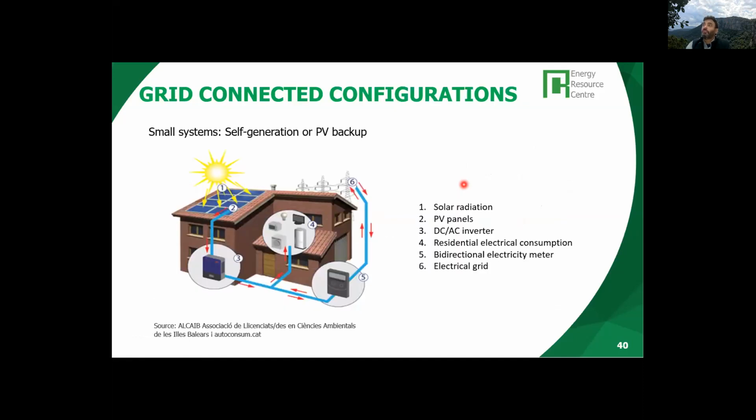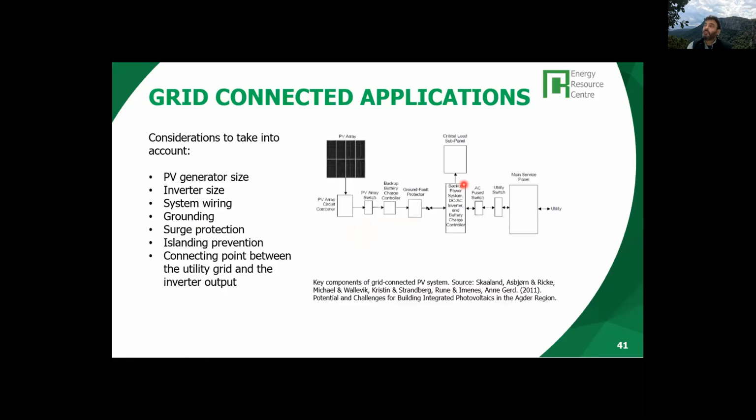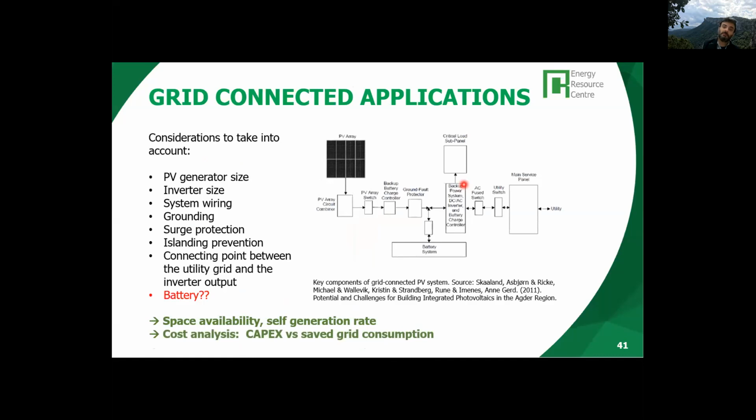For grid connected applications, obviously we need to consider whether we will have a battery or not. This will bring us to analysis of space availability, what self-generation rate we expect, and in our configuration selection, at some point we will need to start doing cost analysis.